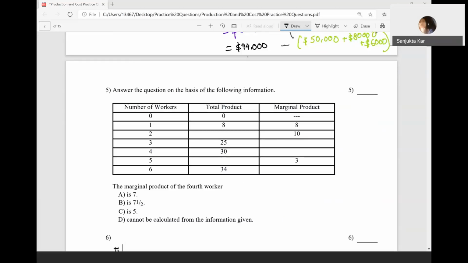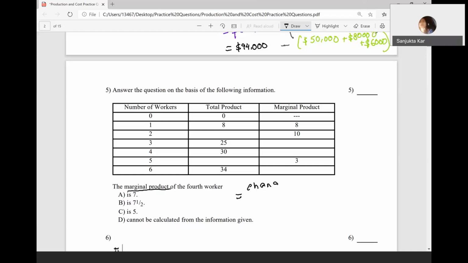Now, question number 5. We have some missing information, and they're asking us to find the marginal product of the fourth worker. So how do you define marginal product? The marginal product is defined as the change in, sorry, this sign, delta, was for change.